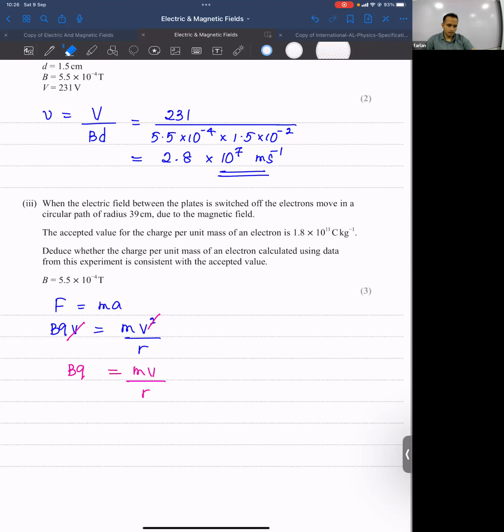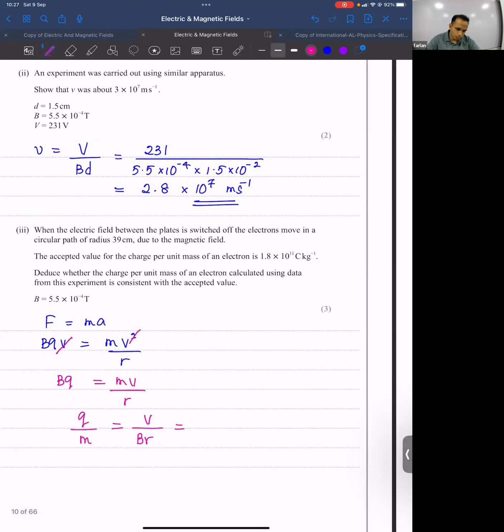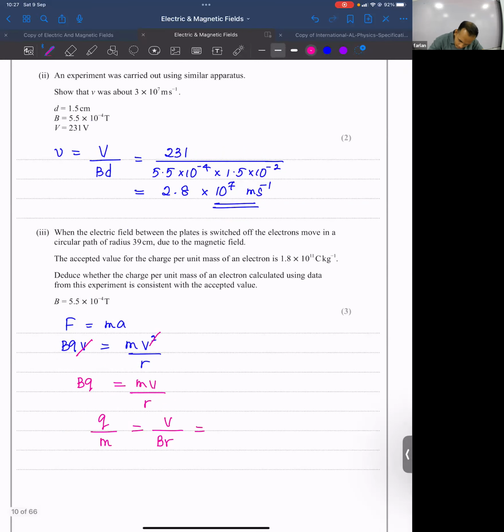Guys, listen, look at this. We have to check what? Deduce whether the charge per unit mass of an electron calculated using this data is consistent with the accepted value. Charge per unit mass means they are talking about Q over M. So I will get the Q over M subject here. Q over M is v over BR. Am I right? So what is the v? 2.8 into 10 to the power 7.